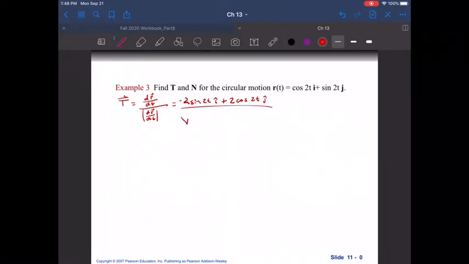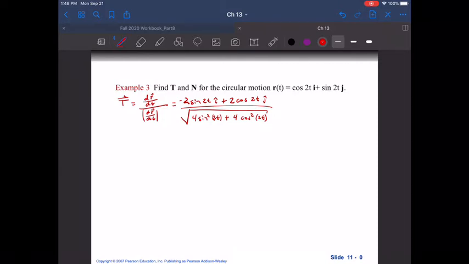And the magnitude is going to be the square root of 4 sine squared 2t plus 4 cosine squared 2t, like that. And there we go. And so this would then give us our unit tangent vector.